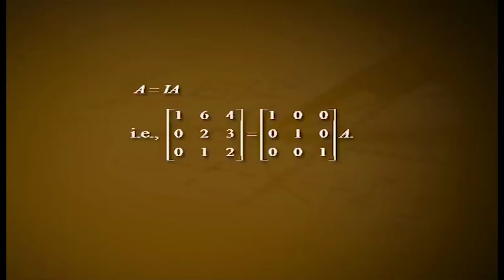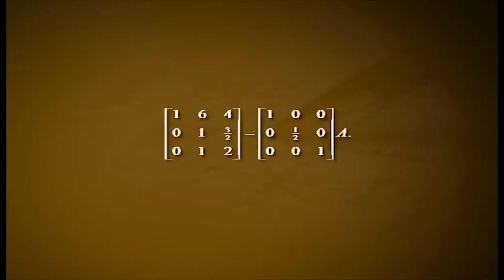We write A is equal to IA, that is matrix [1, 6, 4; 0, 2, 3; 0, 1, 2] is equal to [1, 0, 0; 0, 1, 0; 0, 0, 1] into A. Performing R2 times 1 by 2 on the matrix A on the left and the prefactor I of A on the right, we obtain matrix [1, 6, 4; 0, 1, 3 by 2; 0, 1, 2], which is equal to [1, 0, 0; 0, 1 by 2, 0; 0, 0, 1] A.